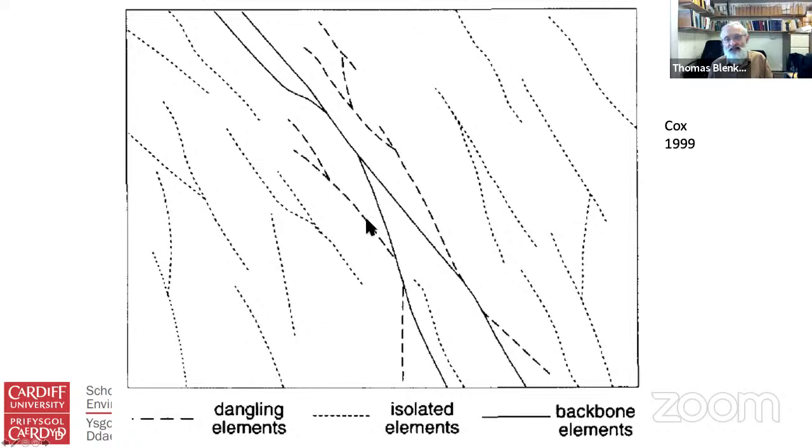However, if you're on a dangling element, you may be both connected to the fluid pathway, so that a lot of fluid is actually flowing through or past the fracture, and you may be in a situation where that fluid is interacting with adjacent host rocks or other fluids to facilitate the precipitation of its mineral charge. So it could be the dangling elements that are really important in a percolation network.